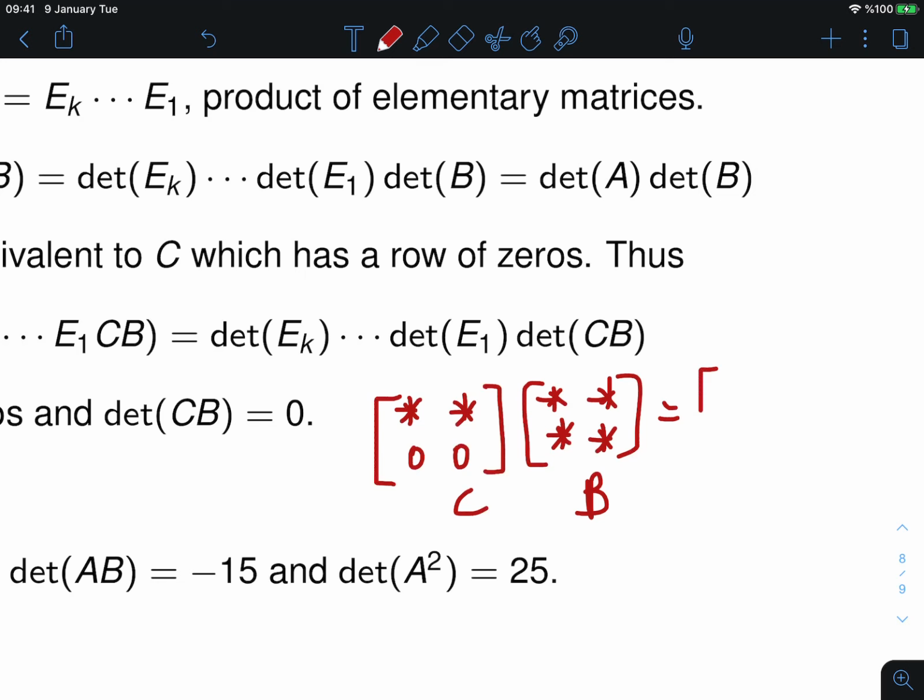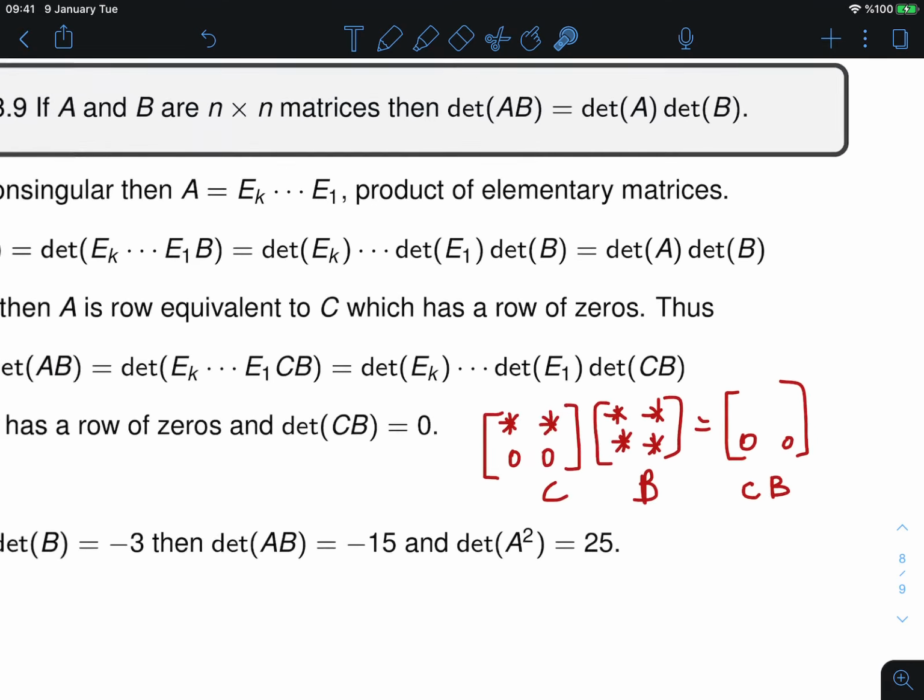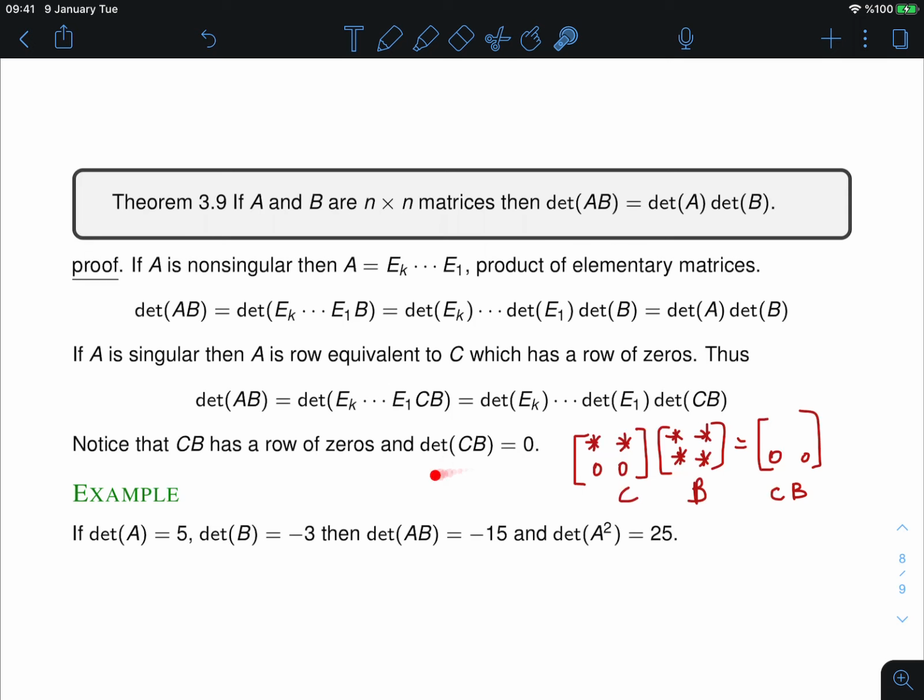If I take their product, what do I get? Just look at the second row here. If I multiply this row by this column, I get 0. And if I multiply this row by this column, I get 0. So CB will always have a row of zeros, which means its determinant must be 0. So if A is singular, then this part is 0, which means the identity is satisfied.